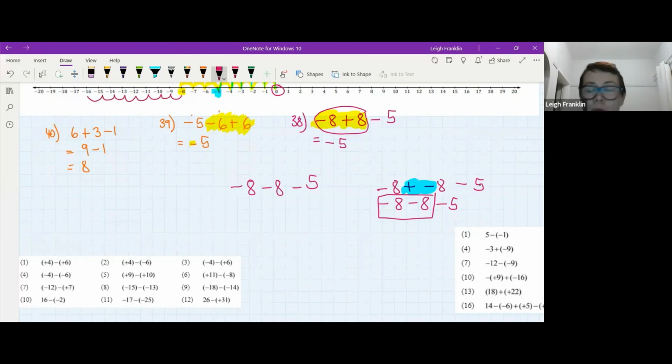That would get us to -16, and then keep going in the same direction, minusing another 5. So 1, 2, 3, 4, 5. We would actually end up at -21. Absolutely.